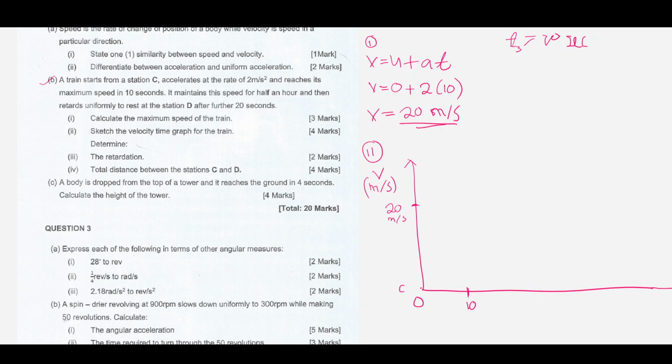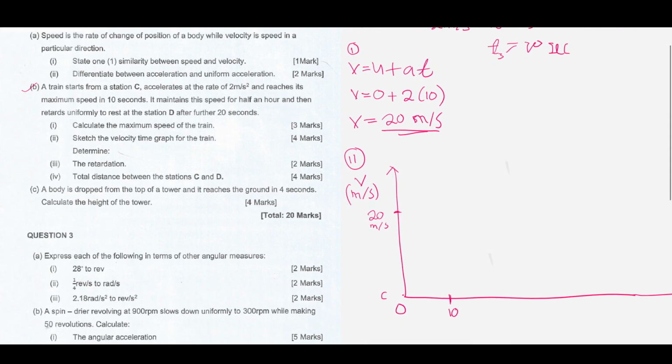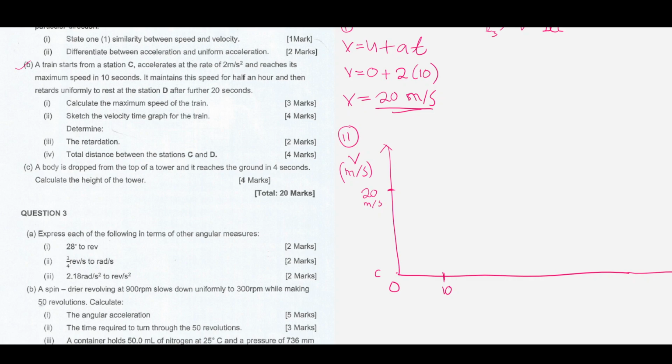Okay, it maintains this speed for half an hour. So half an hour, we said half an hour is 1800.